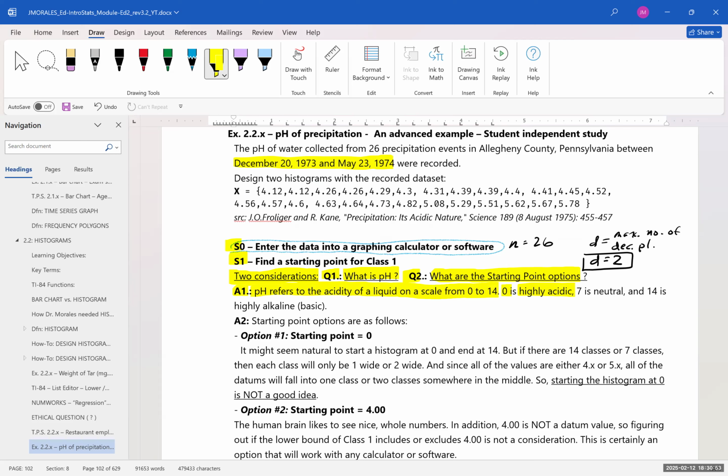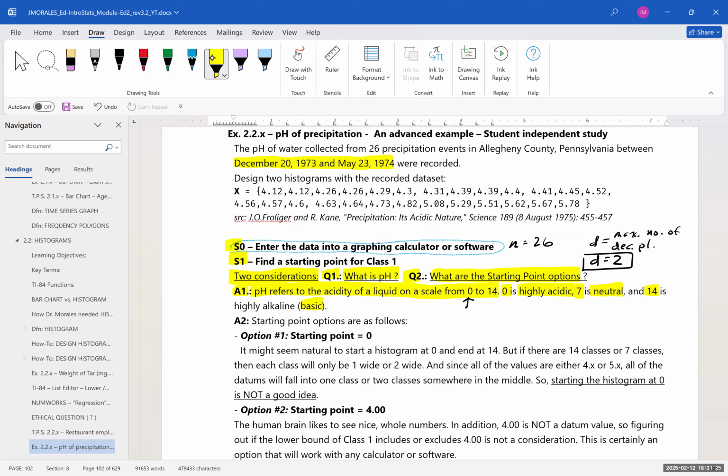A pH level of 7 is neutral, and a pH value of 14 is highly alkaline or basic. So that's what we're dealing with. The reason I mention that is because we're dealing with a pH scale, we might want to have 0 as a starting point because that would be a natural value that's highly acidic. So just keep that in mind.